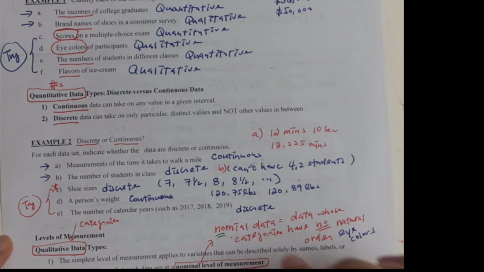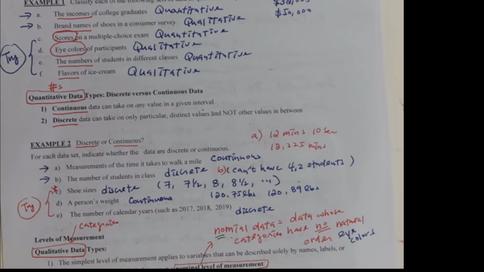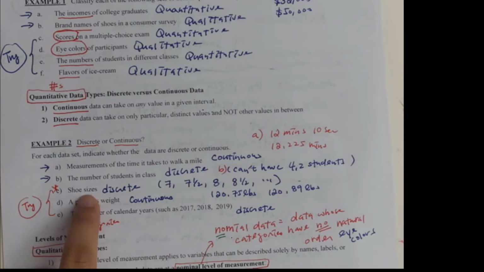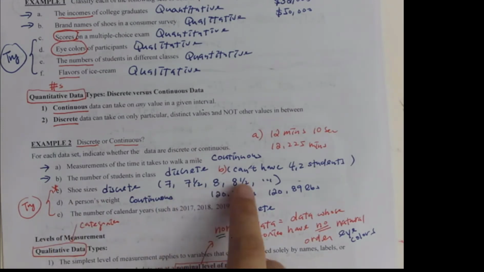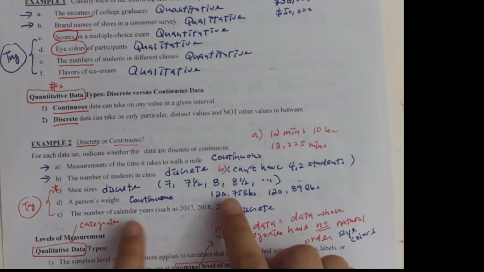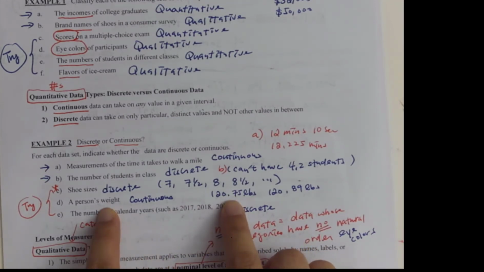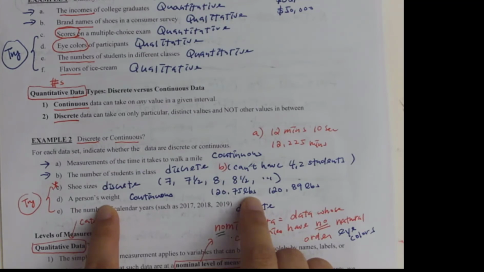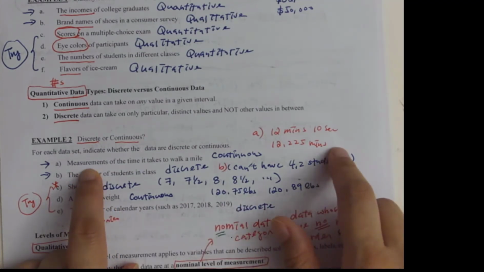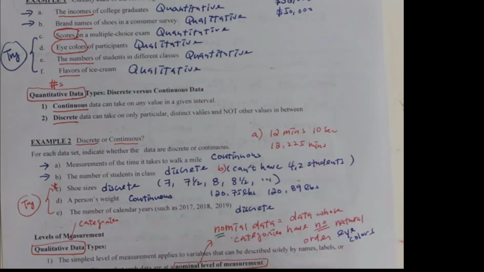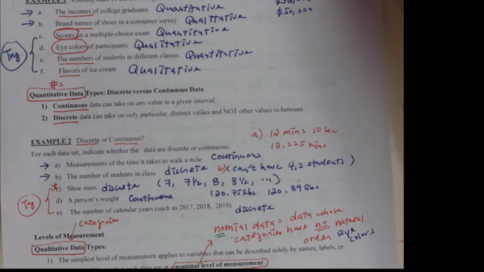Shoe size can also be discrete, like you can have 7, 7.5, but not 7.25, so it goes half at a time. Those are considered discrete. But other numbers like your weight in pounds can go to many decimal places, and also the measurement of how many miles you walked does not have a distinct interval that you have to follow. Those are continuous. All right.